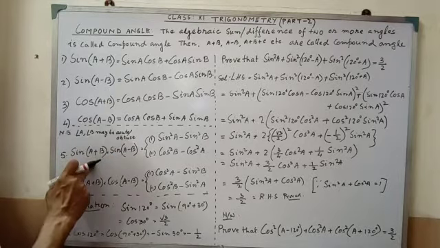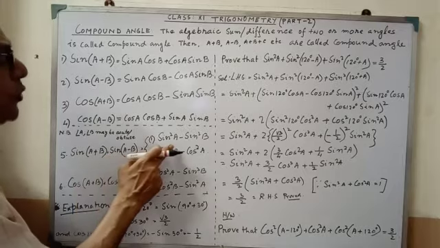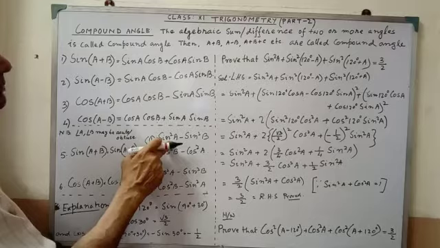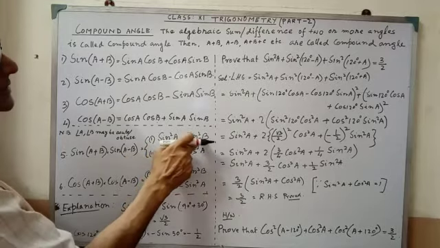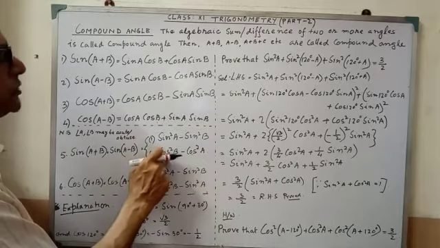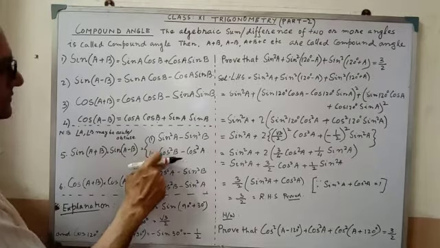But here sin(A plus B) into sin(A minus B) has two forms, sin square A minus sin square B and cos square B minus cos square A. Both forms you have to remember. Which form to apply depends on the problem.